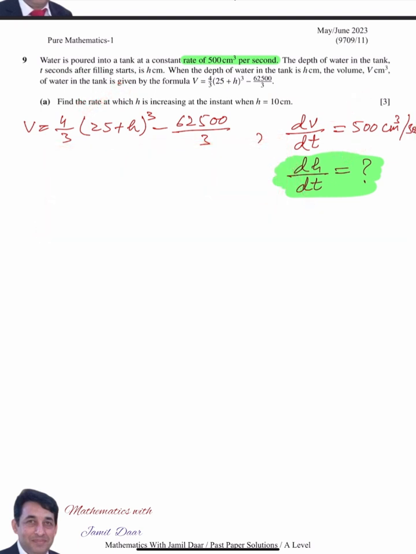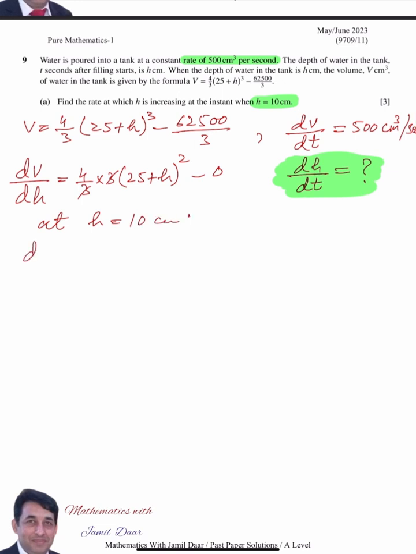First of all, we'll find dV over dh. That is 4 over 3 multiplied by 3 into 25 plus h raised to the power of 3 minus 1, which is 2. The 3 is cancelled by 3. At h equal to 10 centimeter, what is dV over dh?